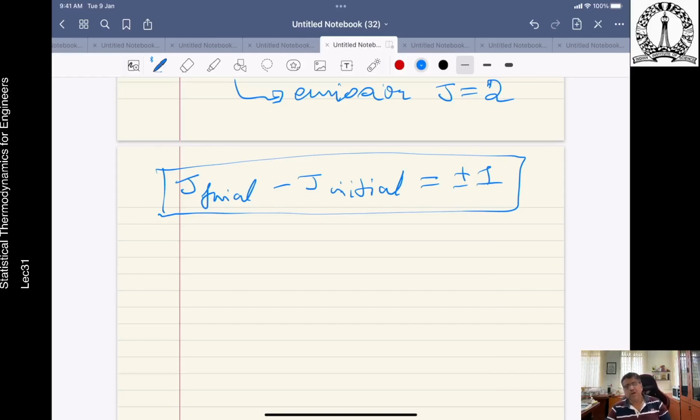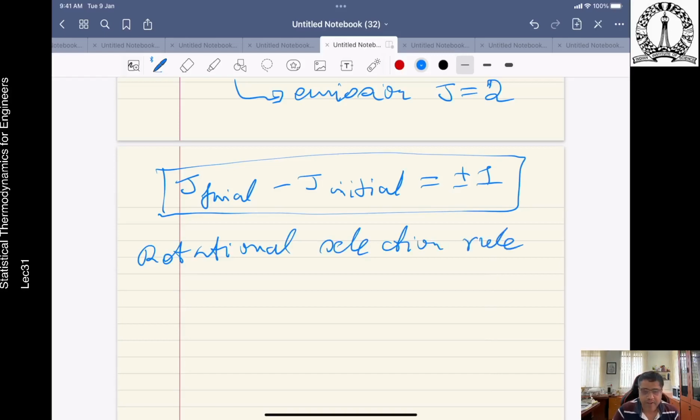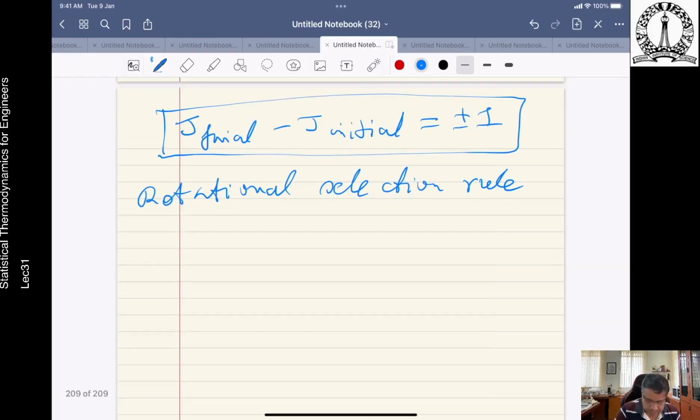So the potential complexity is kind of reduced. A convenient method of writing the rotational selection rule can be written as J prime minus J double prime is equal to 1.